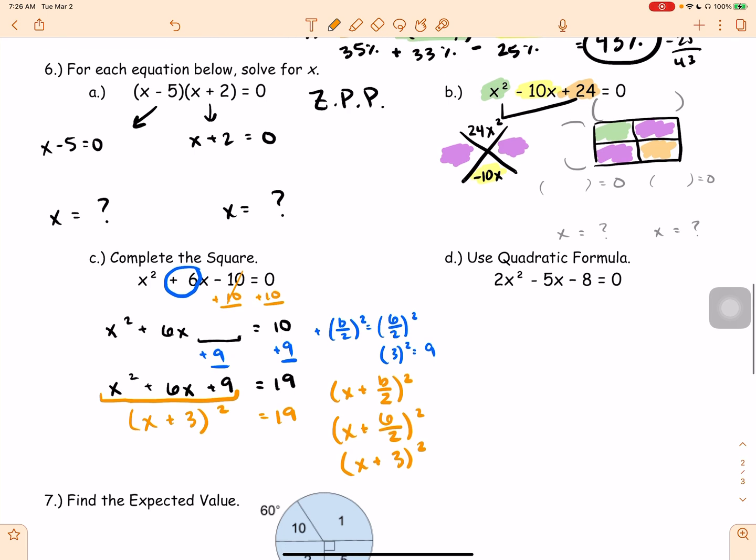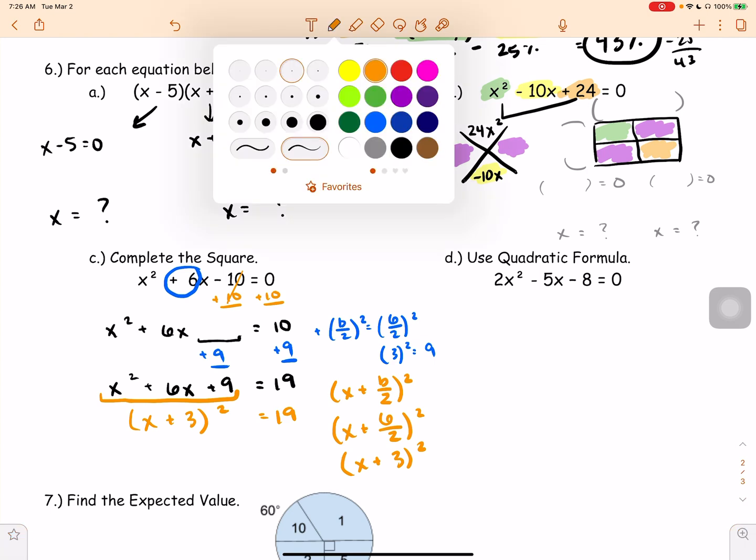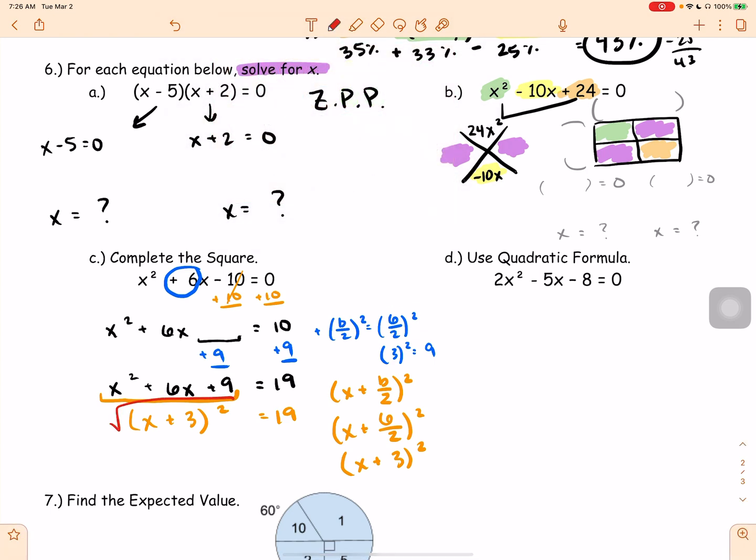So now it says for each equation below, solve for x. So you still need to solve for x here. So what you want to do is take the square root of both sides. Remember, this is plus or minus. So now we have x plus 3 equals plus or minus square root of 19. I'm going to make everything a little bit smaller here.